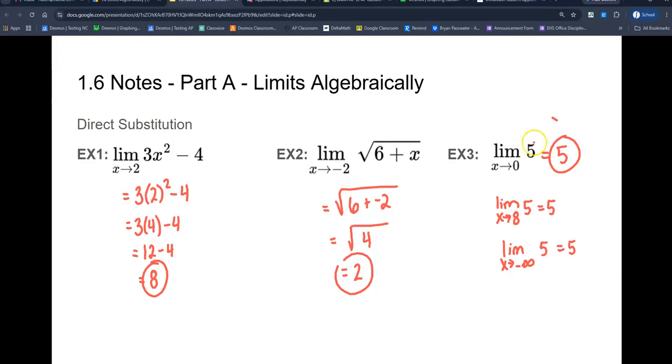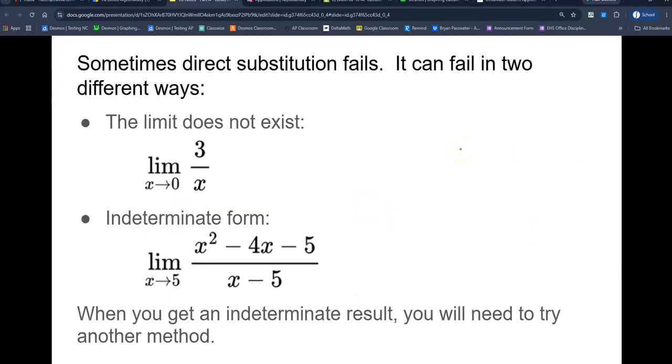So you'll have some problems where you have to do this. But direct substitution does fail sometimes. Direct substitution can fail in 2 different ways. It can fail where the limit does not exist or where you get indeterminate form. Limit does not exist is going to get you when you have a number besides 0 over 0.